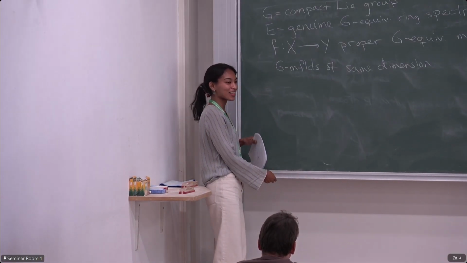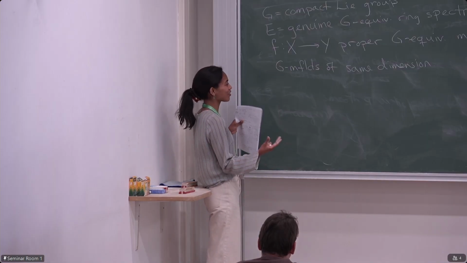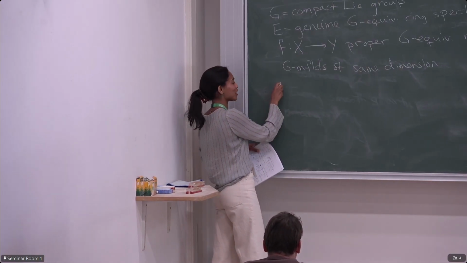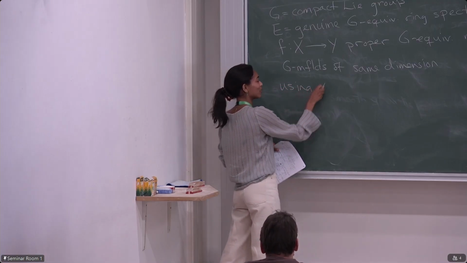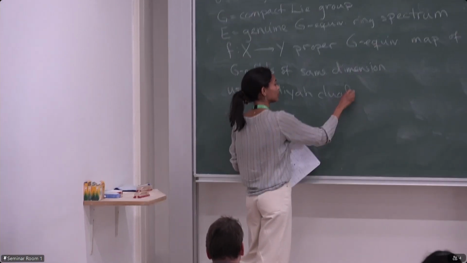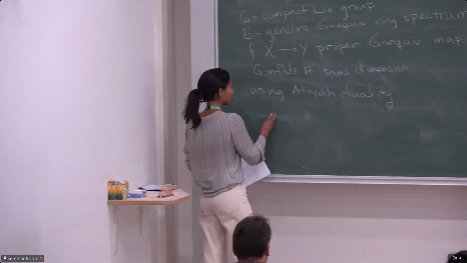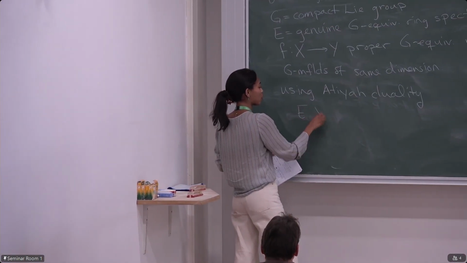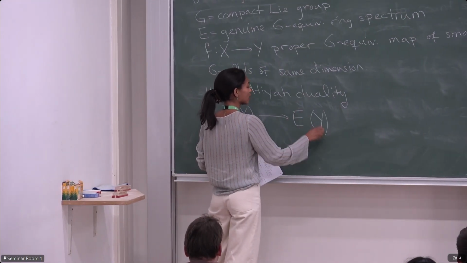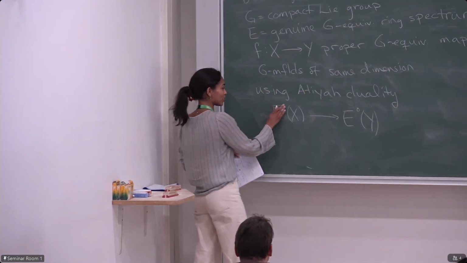And lucky for us, Atiyah did a lot of great work. So there's a well-known construction using Atiyah duality. There's a proper push forward from the cohomology of X to the cohomology of Y, but it's twisted.